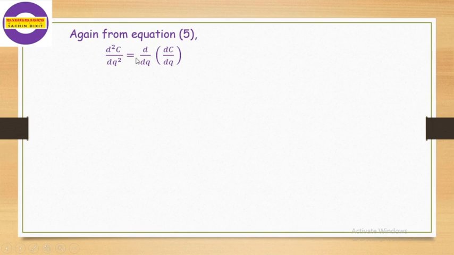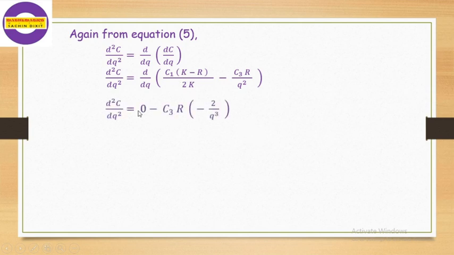That is, we differentiate equation number 5 again with respect to q. That is d2C by dq square is equal to d by dq into dC by dq. Substitute the value of dC by dq. We get d by dq of C1 into K minus R divided by 2K minus C3R upon q square. The first term is a constant term, because there is no q in this expression, so its derivative with respect to q is 0.